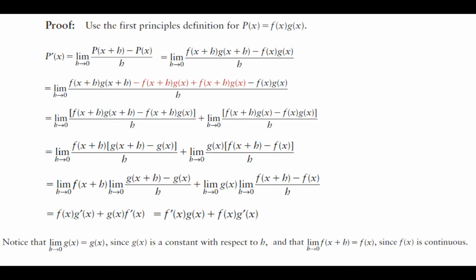So basically we can combine f(x plus h) times g(x plus h) minus f(x plus h) times g(x), over h as h approaches 0. This is the first limit. And according to the limit property, plus another limit of the expression f(x plus h) times g(x) minus f(x) times g(x), over h as h approaches 0, right?